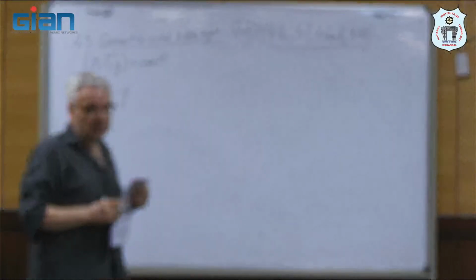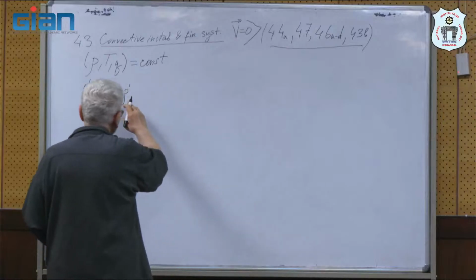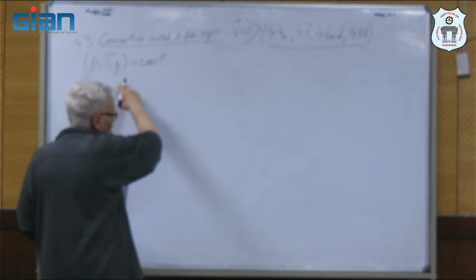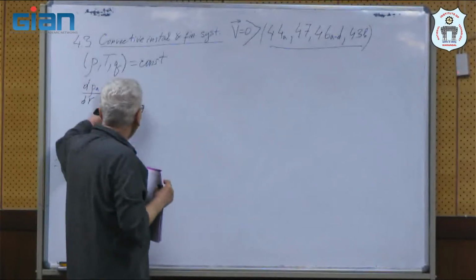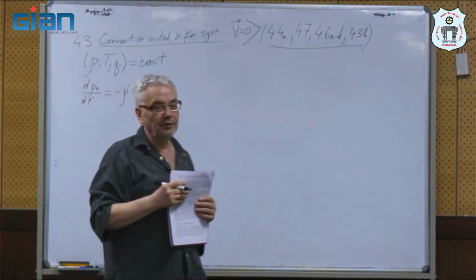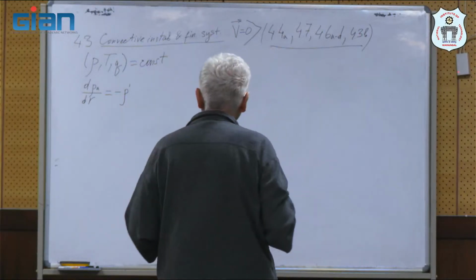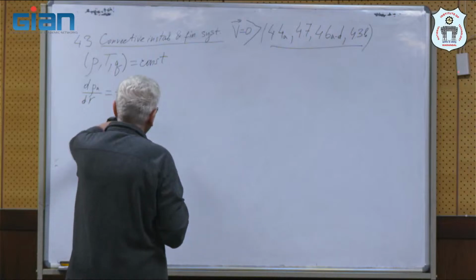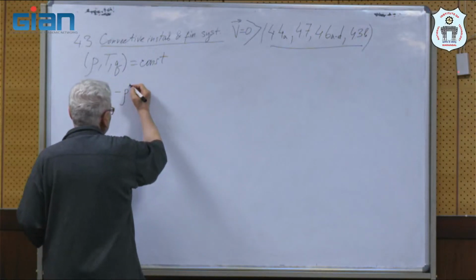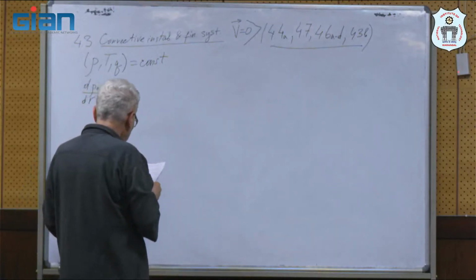That's simply the derivative, to distinguish it from rho dot, which is the derivative in time. To distinguish it from the radial derivative, we put here just prime, and this prime will further mean the derivative.